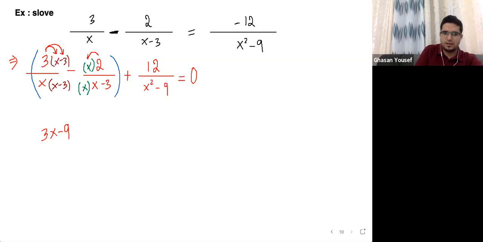And also the same thing here, distribute the 2 inside the parentheses. I get 3x minus 9, and here we have minus 2 times x, which is 2x, everything over the same value, x times x minus 3.